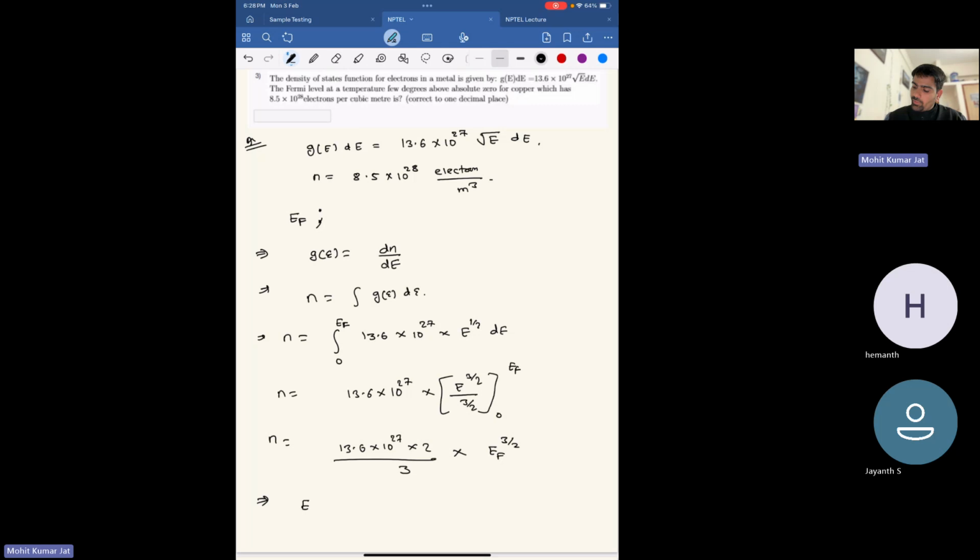So EF will be nothing but 3 times N, which is already given in the question, divided by 2 times 13.6 × 10^27, to the power 2/3.